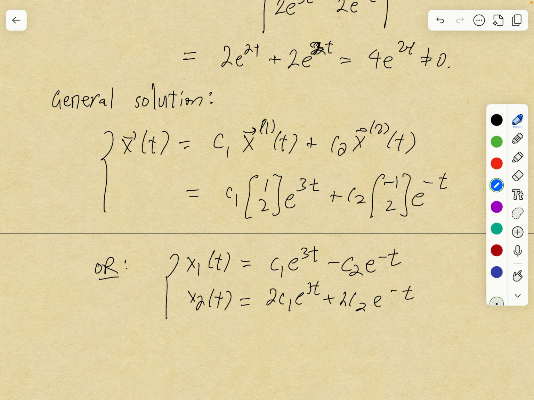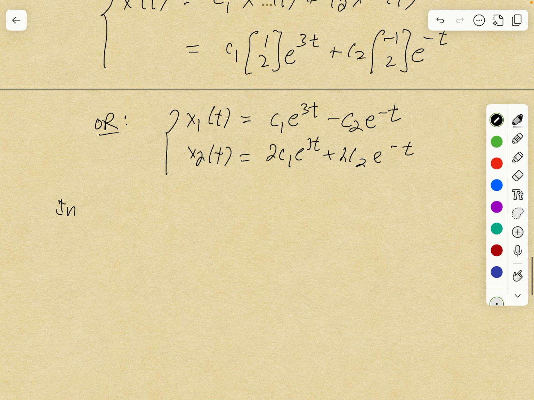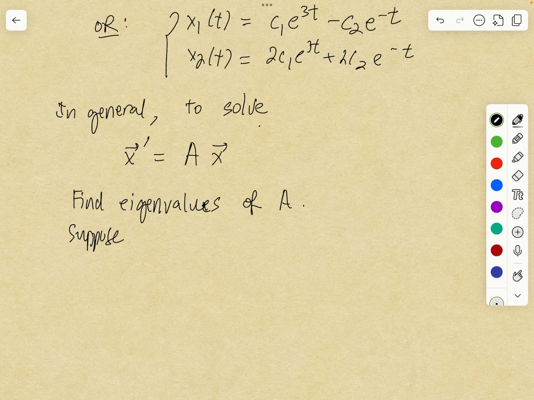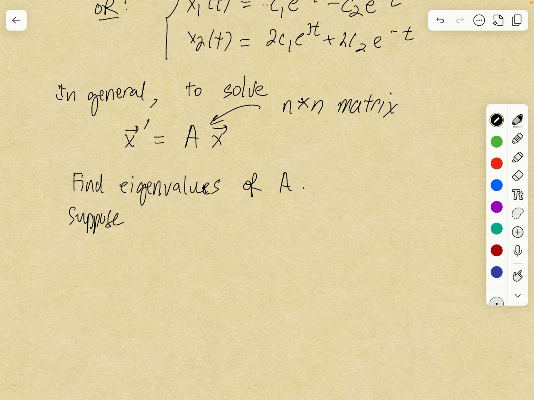The general method is to do exactly the same thing. So in general, to solve x prime equals A times x, what we need to do is find eigenvalues of A. Let's say A is an n by n matrix with constant coefficients, so a matrix with constant entries.